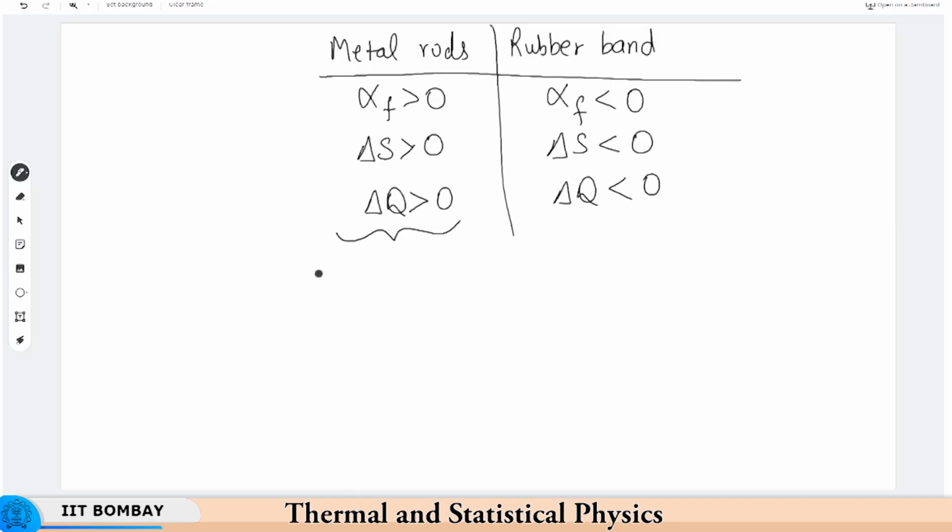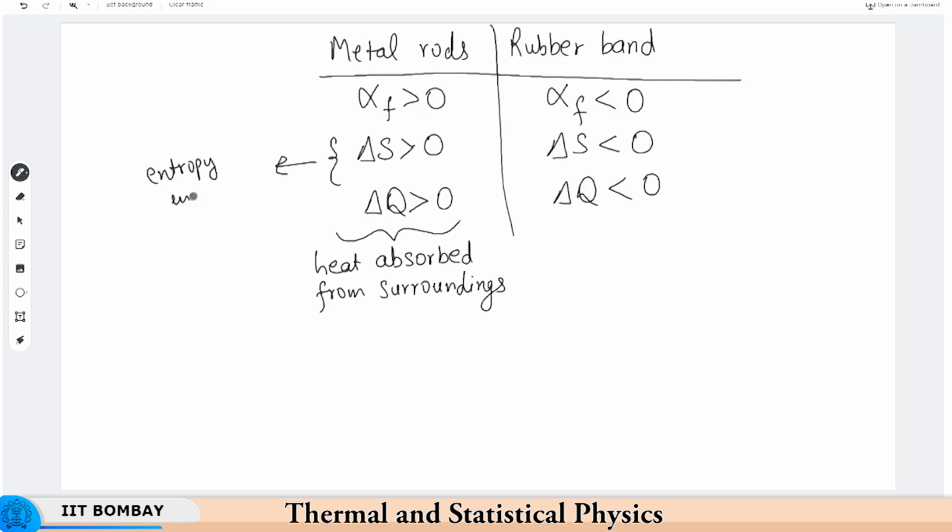If the rod is absorbing heat, its heat is increasing, which is why it has a positive sign. So, heat is absorbed from the surroundings, and similarly the entropy increases. On the other hand, with the rubber band, because alpha f is negative, heat is released to the surroundings.